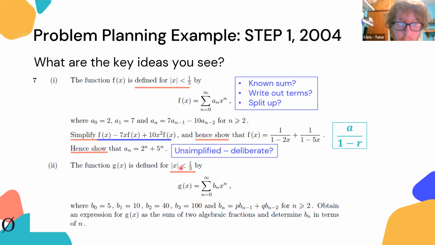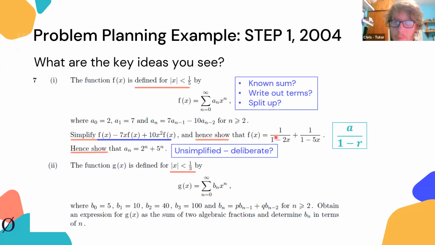So if we just read through the question and look at what's similar and what's different, we still have, this is undefined for mod x less than a third. By the way, in the previous part, they said f of x is defined for mod x less than a fifth. And again, if you've seen geometric series at school, now you can see why, because we write f of x as the sum of 2 geometric series.